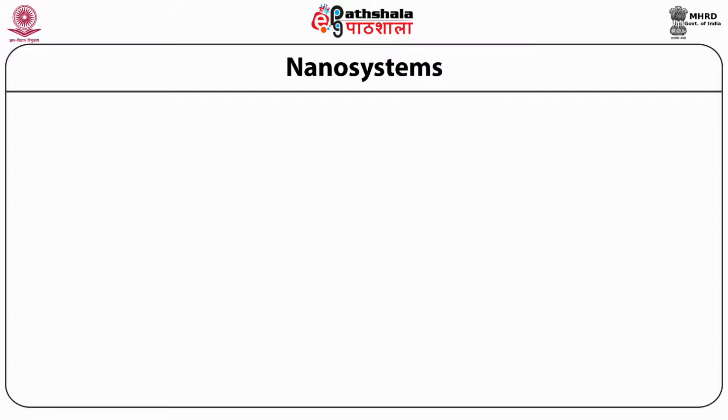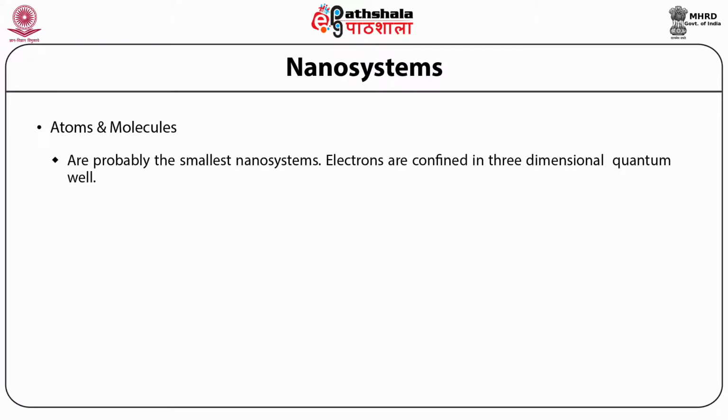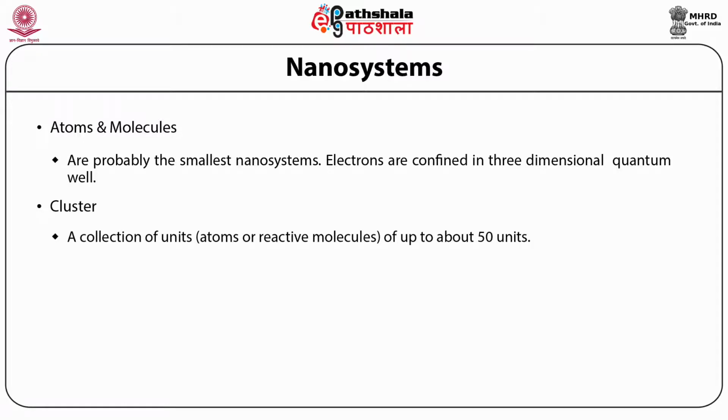So first, atoms and molecules are probably the smallest nanosystems. Here the electrons are confined in a three-dimensional quantum well. Next type of nanosystem is a cluster. It is nothing but a collection of units, which can be atom or reactive molecule, of up to about 50 units.